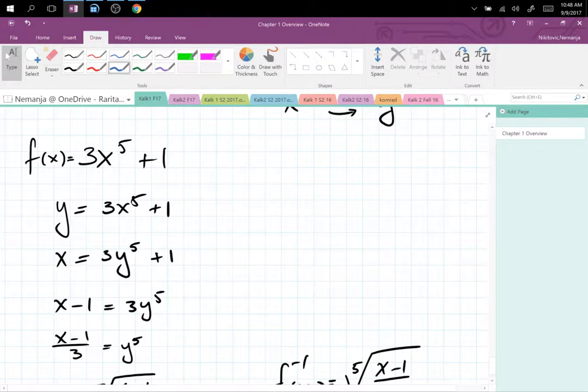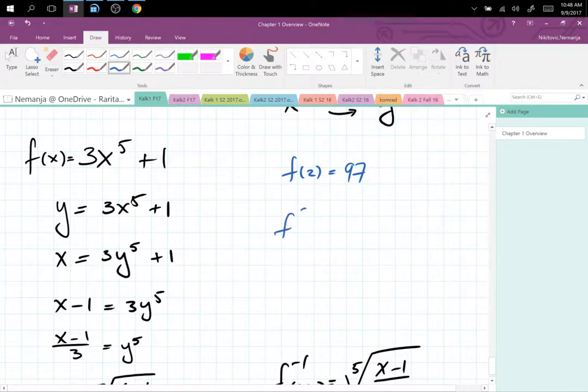So try f of 2. 2 to the 5th power is obviously 30, right? No, that's the fourth power. 32. So 96, 97. So we get 97.